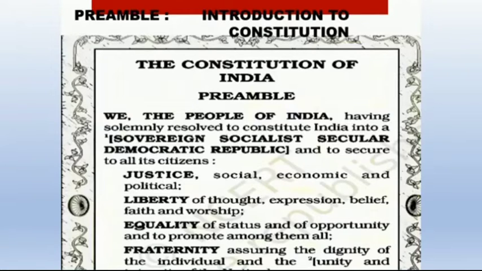It is written over there that we, the people of India, having solemnly resolved to constitute India into a sovereign, socialist, secular, democratic republic and to secure to all its citizens justice, social, economic and political, liberty of thought, expression, belief, faith and worship, equality of status and opportunity, and to promote among them all fraternity, assuring the dignity of the individual and the unity in diversity.